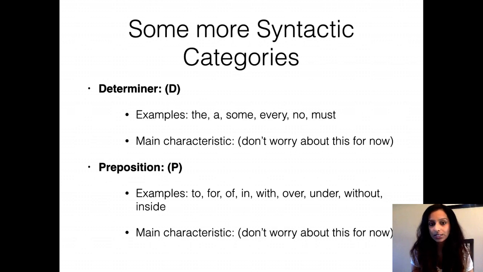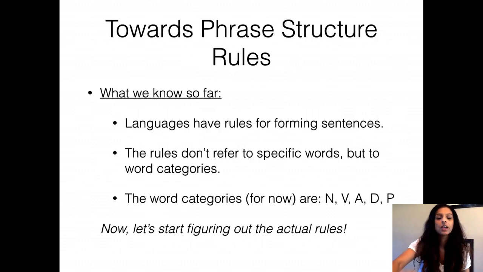Determiner, we're going to use D for determiners, and determiners are things like the, a, and, some, every, no, must, etc. And don't worry about the characteristic of determiner. We're not going to be worried about that for 315. And prepositions are the next syntactic category. These are things like to, for, with, over, under, etc. And also don't worry about the main characteristic of preposition. We're going to use P for preposition.